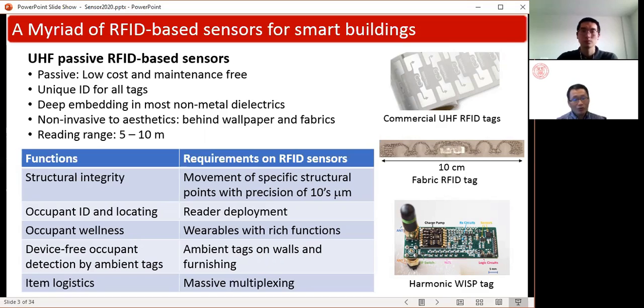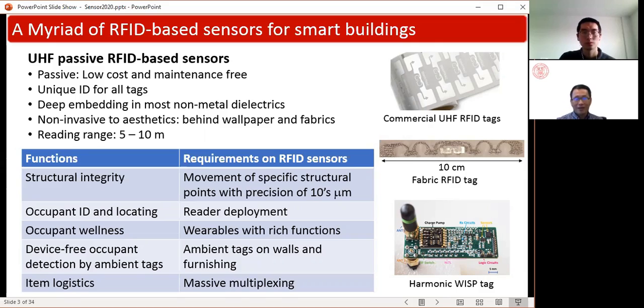We can also embed these sensors in most non-metal dielectrics. That means for, say, a load-bearing element, we can bury the tag inside the cement block, properly designed for sure, and then we can know the specific marker point of the motion of the slide and vibration of that marker point.